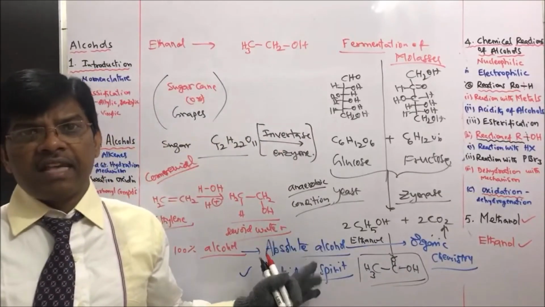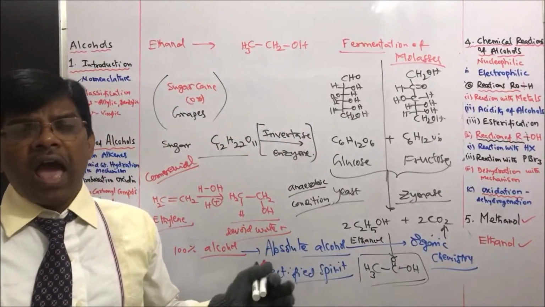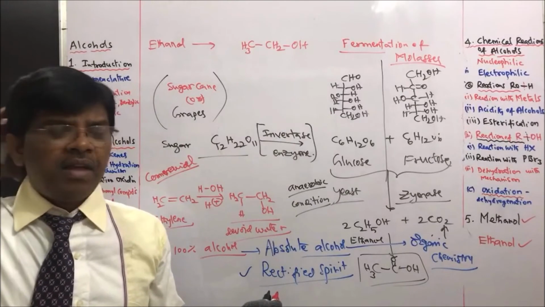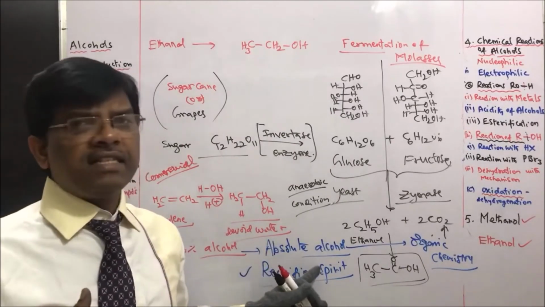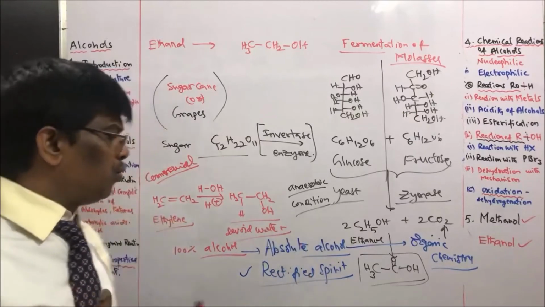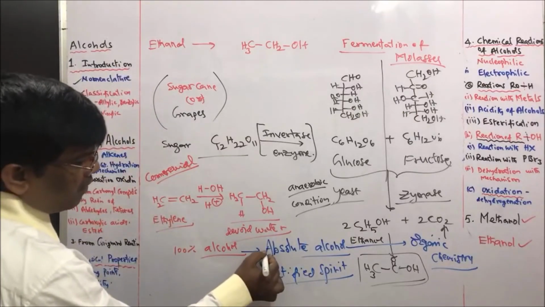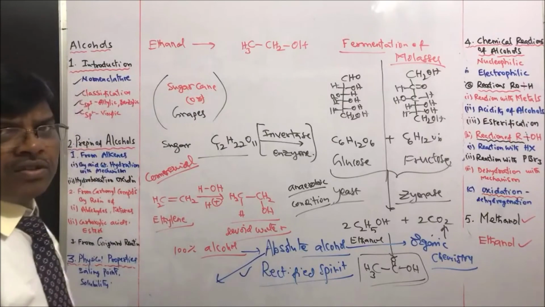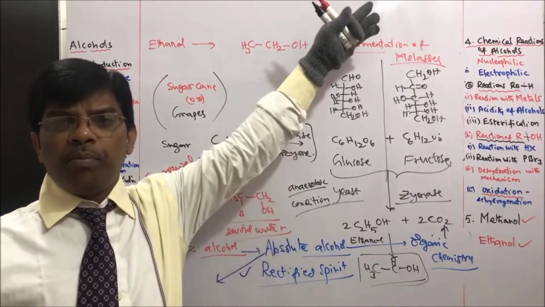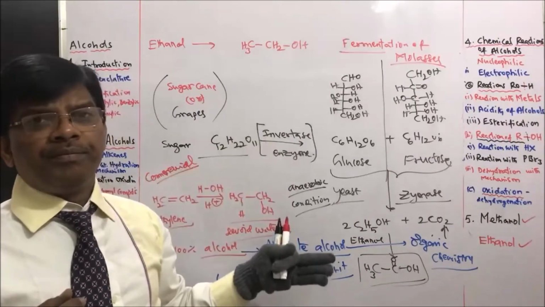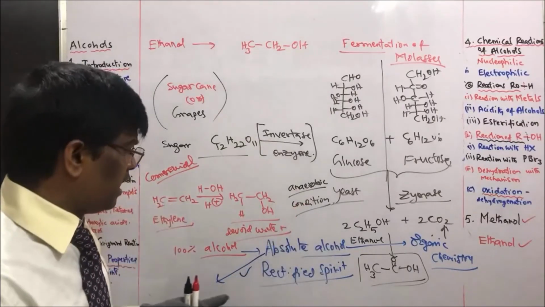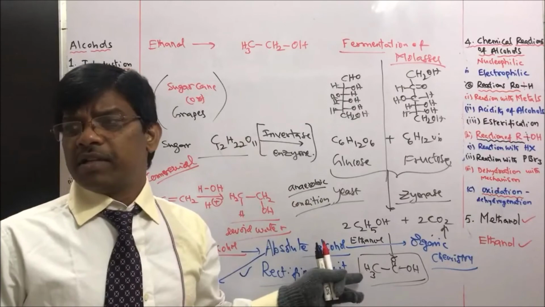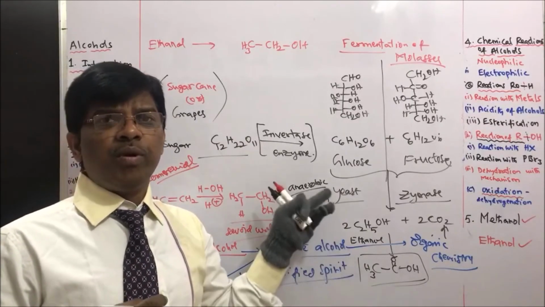It is going to have effect on the central nervous system and other body organs, where it is going to act as a destructive agent. So the usual ethanol what people consume is about 35% alcohol mixed with water, right? So absolute alcohol, 100% alcohol, is not consumable.